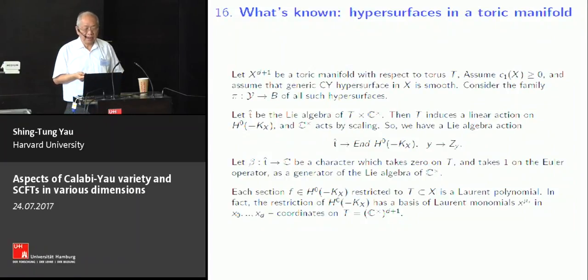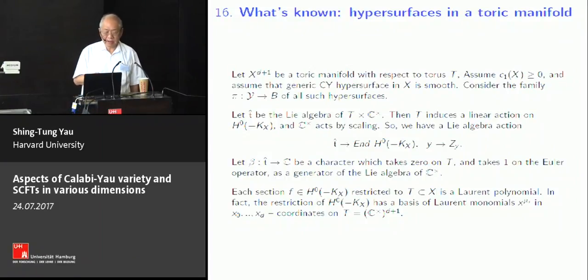Now we take the Lie algebra of the torus cross C star, and call it T hat. So T induces a linear action on the holomorphic n-forms on X, and also C star acts by scaling the n-forms.